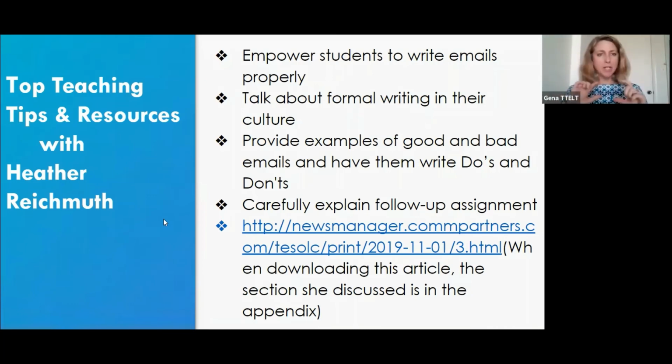And then the actual article is a PDF that you can download and have. And you need to also download the appendix. And the appendix is what she was looking at.